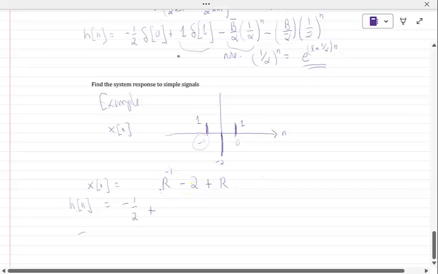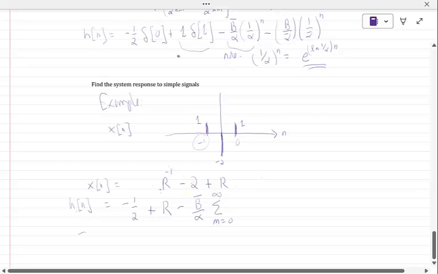Then this one has a delay of 1, so this is going to be R. Then this one here is going to have delays associated with the different values of n, and I'm going to write the sum over m just to distinguish from n.